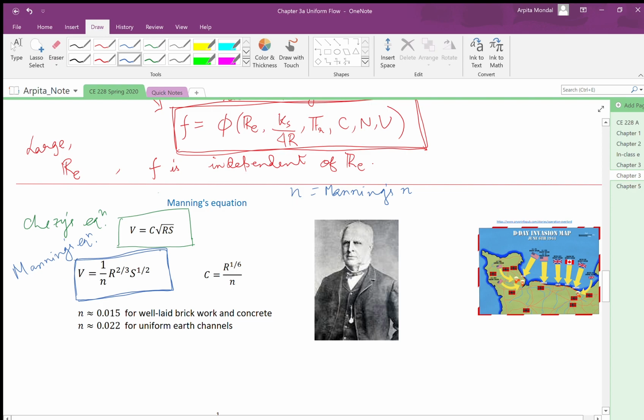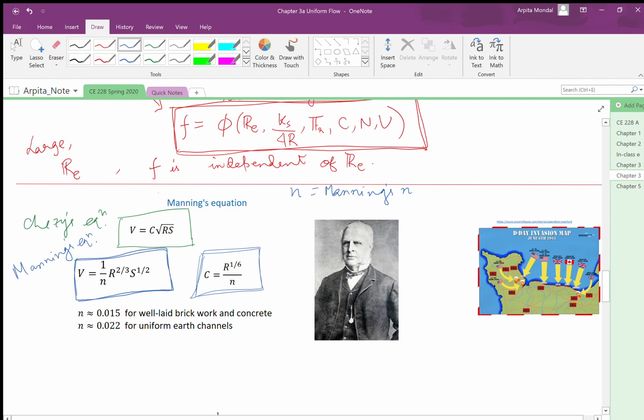It's one of the most simple as well as effective formulas which works even to this day. You can see that Chezy's roughness C is relatable to Manning's n, and they are related by this equation: C is hydraulic radius raised to the power 1/6 divided by the Manning's coefficient.